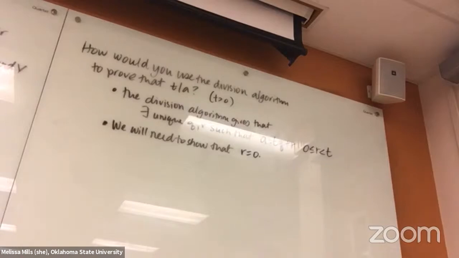So let's go back to the theorem and read it again. Let A and B be in Z, not both 0, and let D be their greatest common divisor. Then there exist, not necessarily unique, integers U and V such that D equals AU plus BV. We're going to have to do a few things.